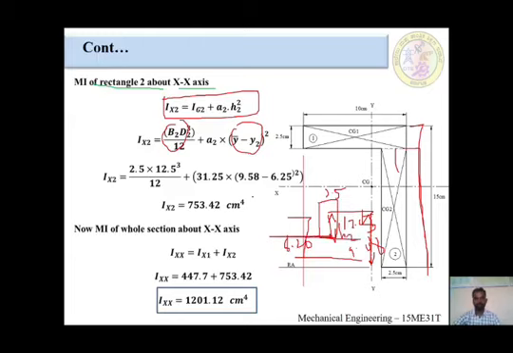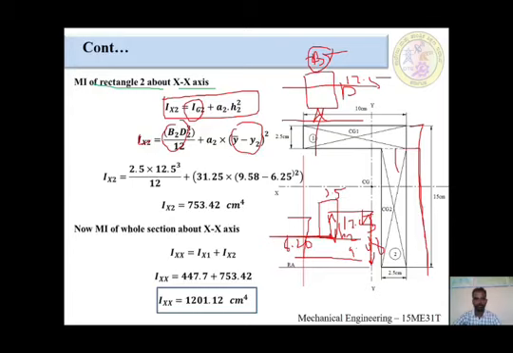Before that, we would have studied how to find this Ig2 value. For that reason I am taking the second component outside. Axis of reference is here, this would be the x axis. We have to look from this side. This is the b value, this is the d value. B value is 2.5 and d value is 12.5. First we look at b into d cube divided by 12.